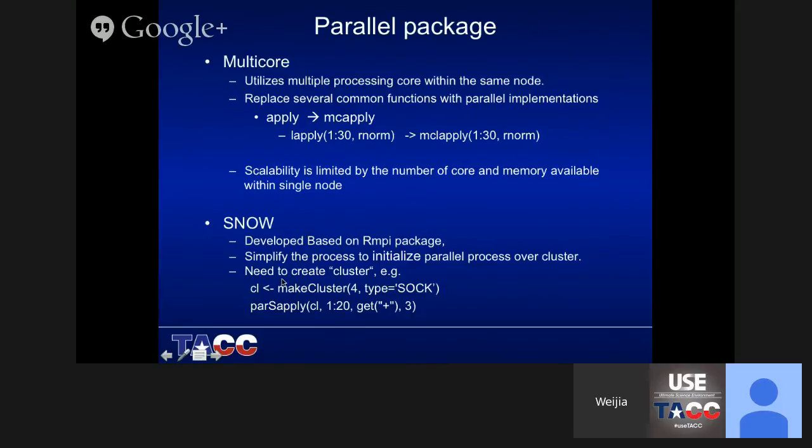Snow stands for Simple Network of Workstations, something like that. It's a higher-level wrapper on top of another package called Rmpi, so it supports distributed computing over multiple nodes.